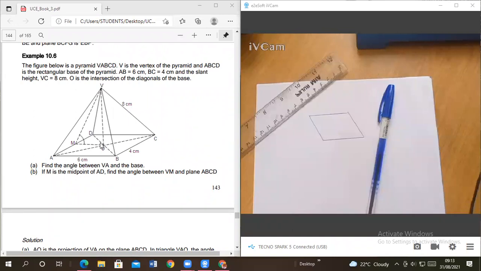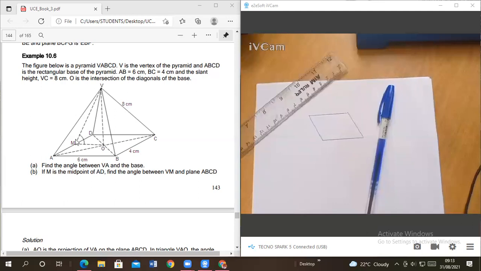A plane is enclosed by more than 2 points. So when you look at the plane ABCD, that is a plane because it is enclosed by more than 2 points, and a line is just enclosed between 2 points. It's just a length between 2 points, M and V, that is a line, or A and V, that is a line.